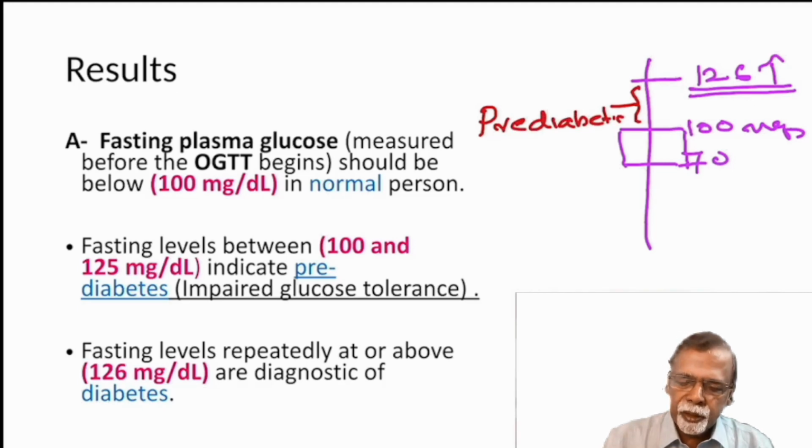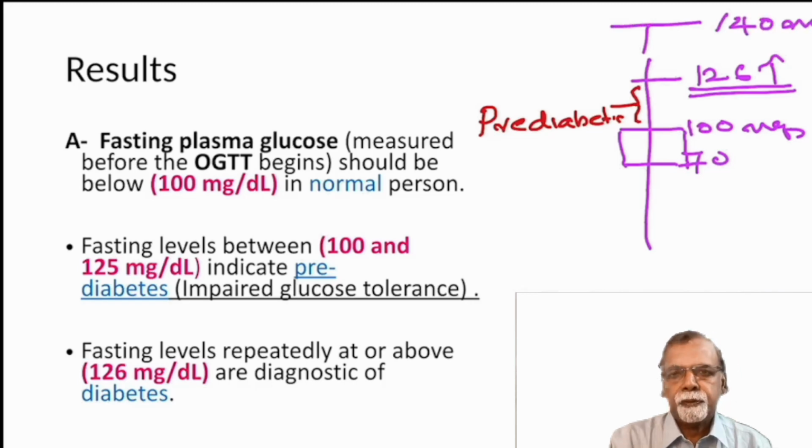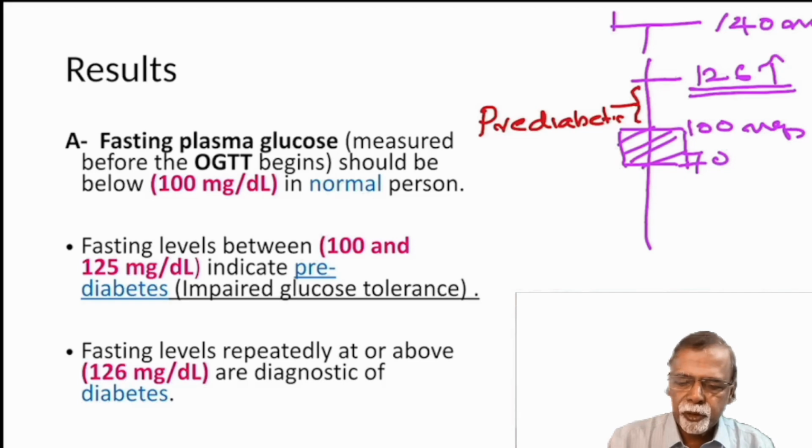Then the postprandial sugar after 75 grams of glucose should be below 140 milligrams. For a normal person, the fasting sugar should be in the range of 70 to 100 and postprandial sugar should be below 140.